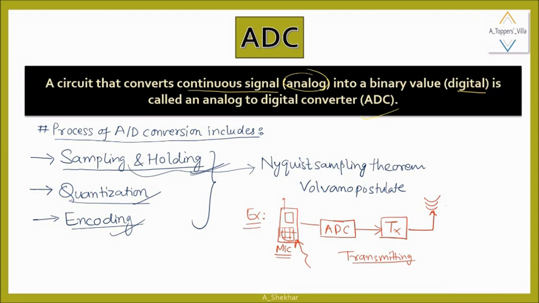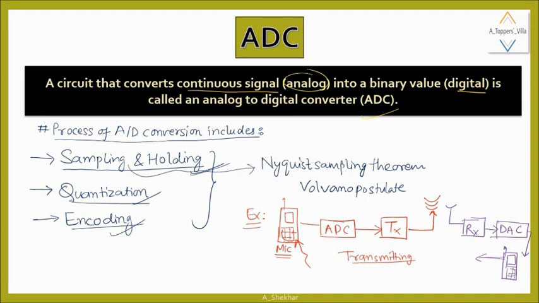What happens at the receiving unit is that this digital signal is received by the receiver, and that digital signal is converted into analog form by the DAC, digital to analog converter, and that is given to another phone present at the receiver side. Here the transmitted digital signal gets converted to analog form, and the second user receives the analog signal.